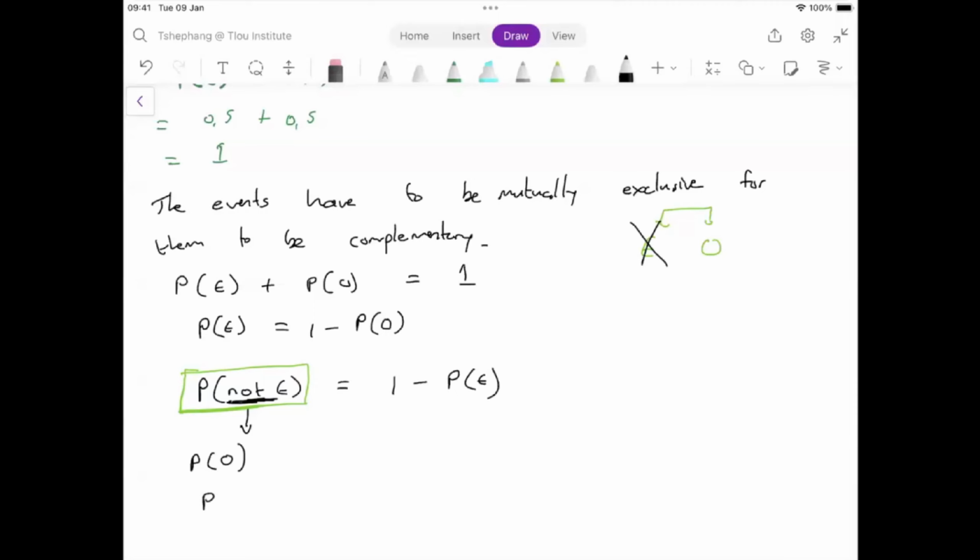It's going to be probability of E prime is equal to 1 minus probability of E. Great stuff. Now let's quickly move on.